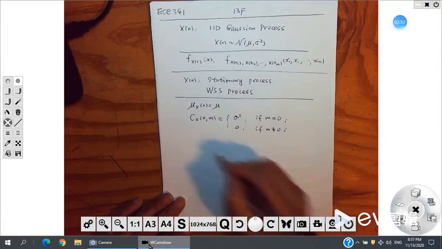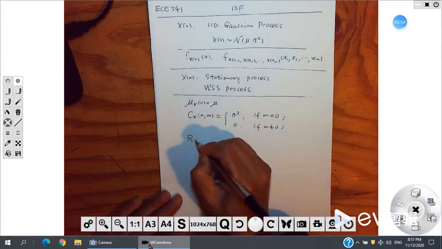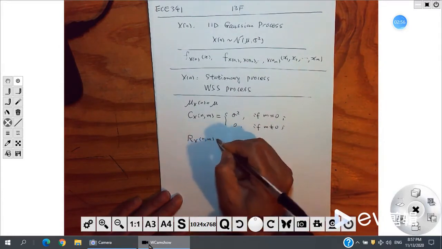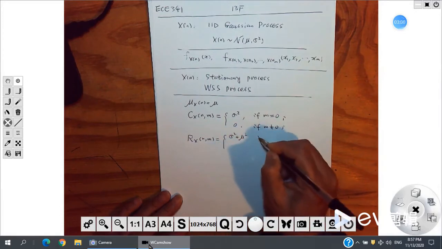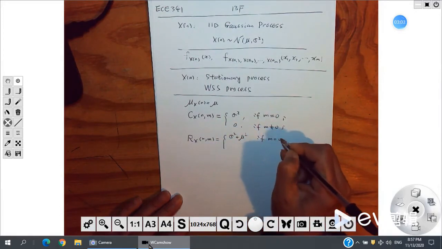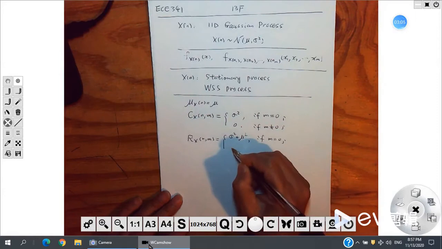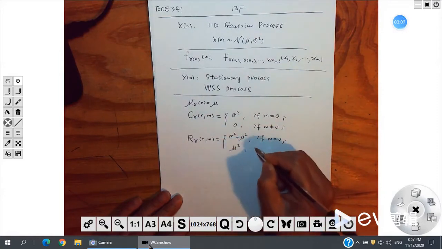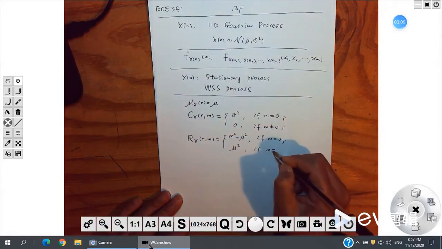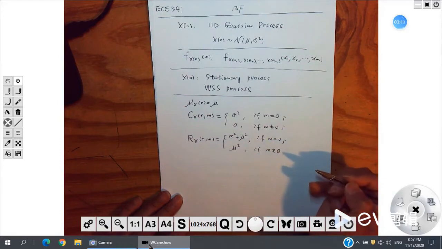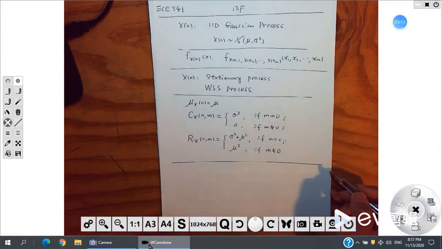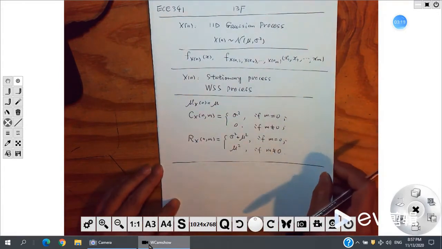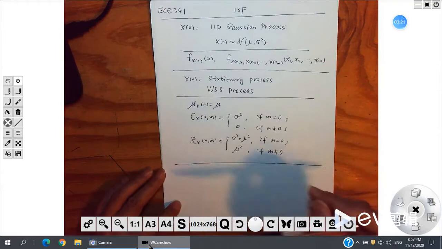We also have Rx of n and m. That will be sigma square plus mu square if m equals 0, and just mu square if m does not equal 0. If you want to find more detail, you can go back to last class.